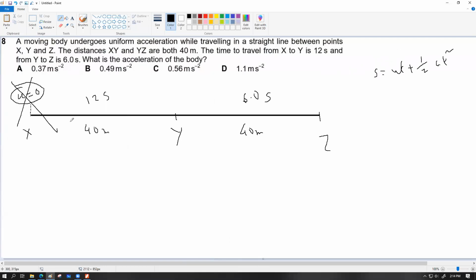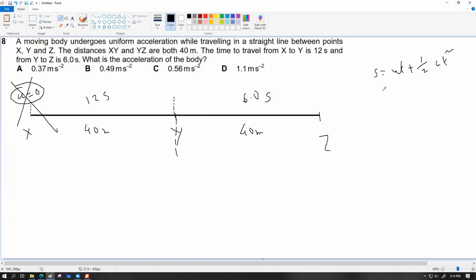If you apply this for the xy segment first and then the yz segment afterwards, you can solve this problem, but there's going to be a slight bit of trouble. Try to understand the velocity at point y. It will be the final velocity of the xy segment, and it will also be the initial velocity of the yz segment.